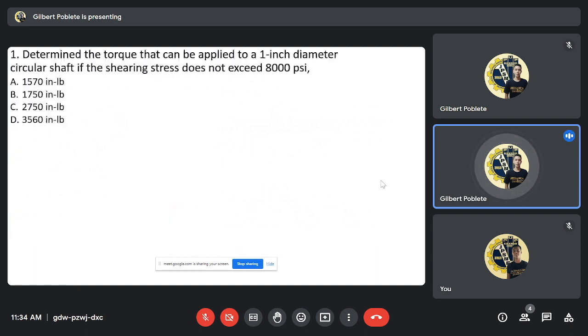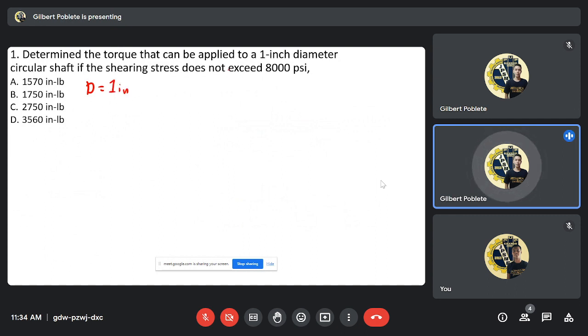Okay, so testing natin. So, determine the torque that can be applied to a 1-inch diameter circular shaft if the shearing stress does not exceed 8,000 psi. So, dito, meron tayong given na diameter natin is equal to 1 inch.